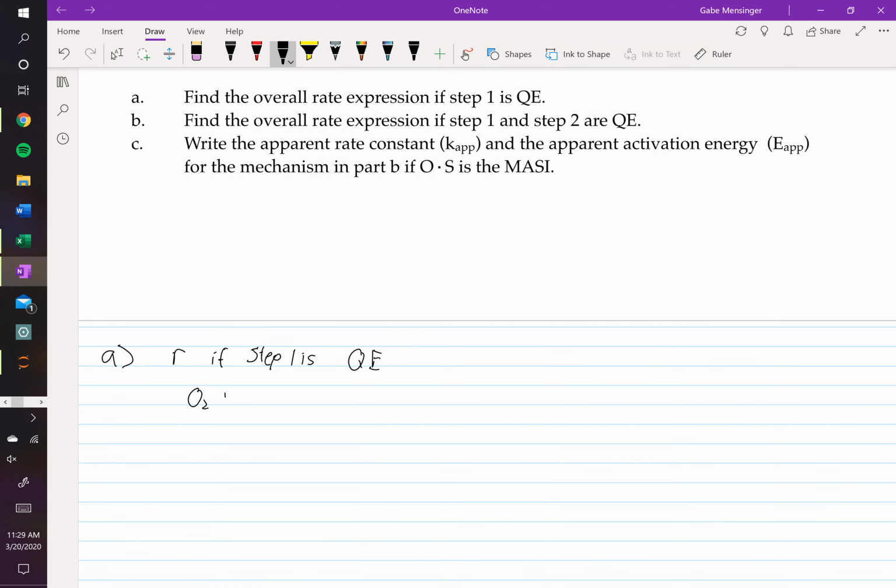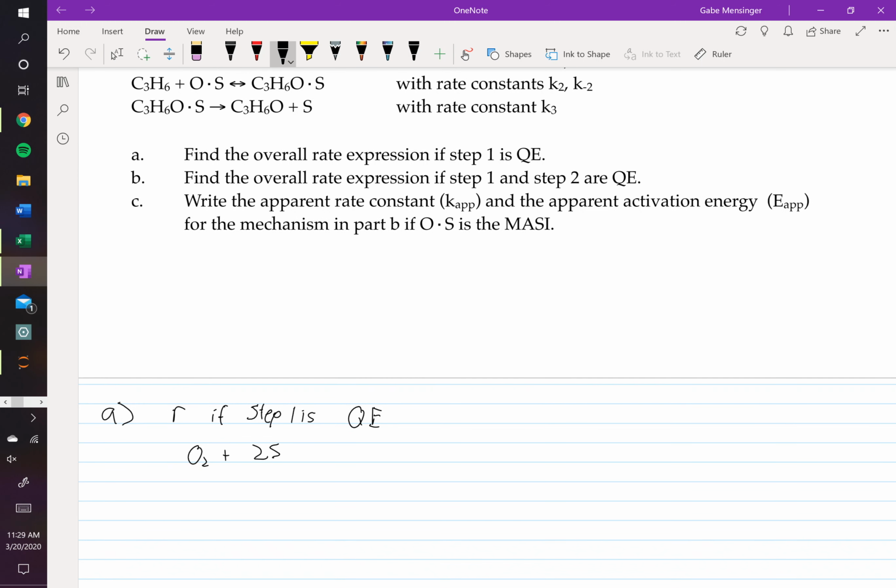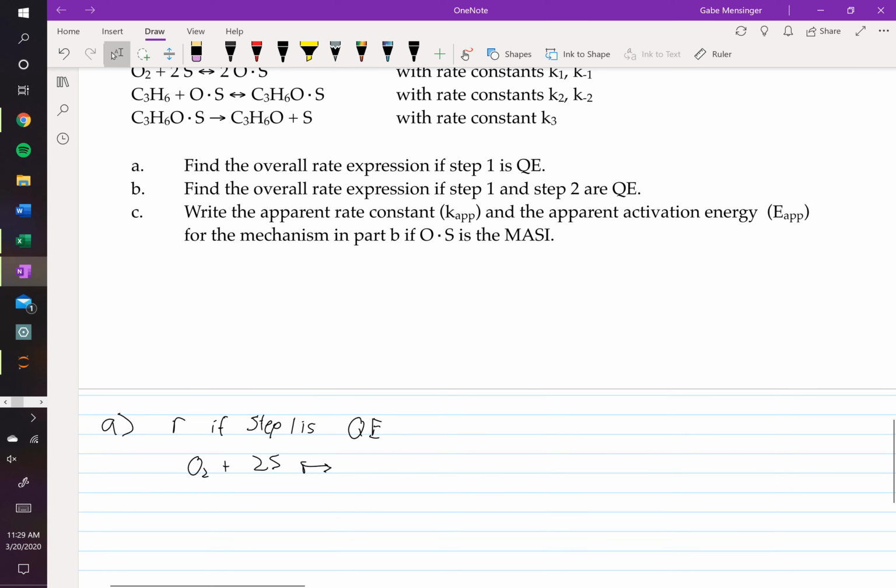We have O2 plus 2S, where S is our surface species, our catalyst, goes to 2O.S. C3H6 plus our catalyzed species produces our propylene.